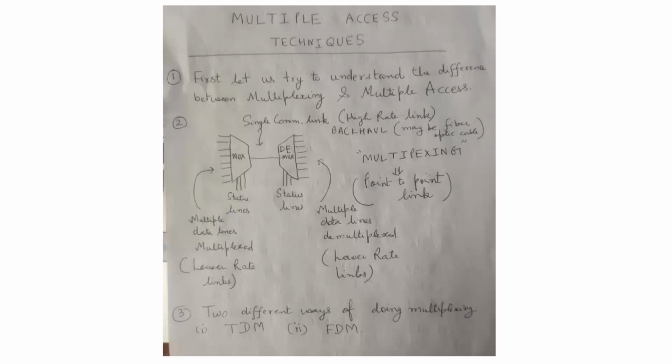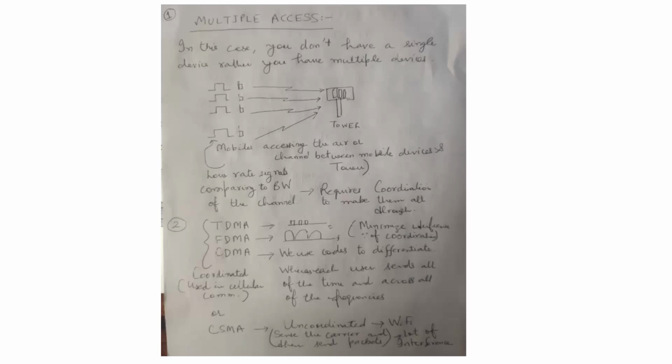So in TDM, we are using time as a multiplexing parameter, and in frequency division multiplexing, we are using frequency as a parameter. But this is of course a point-to-point link communication.